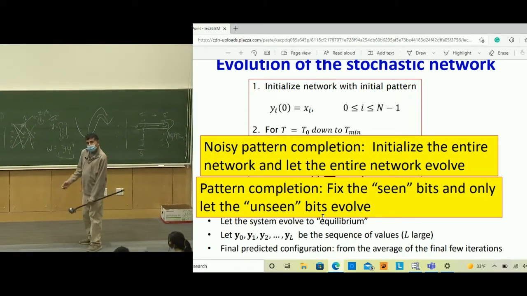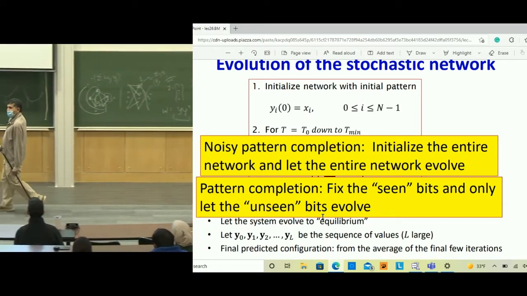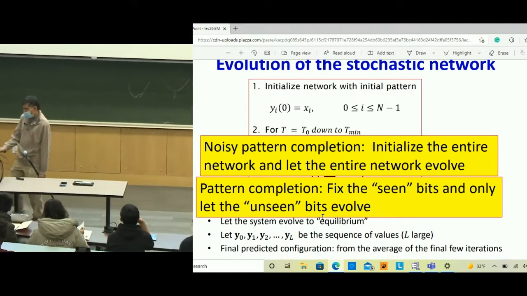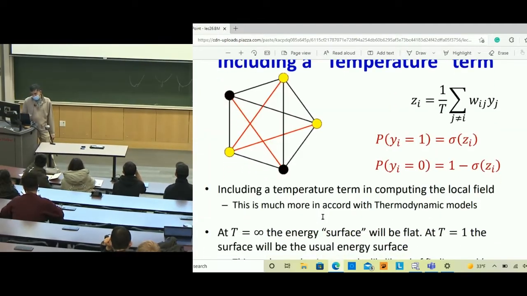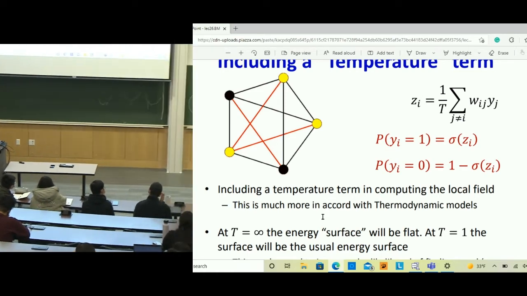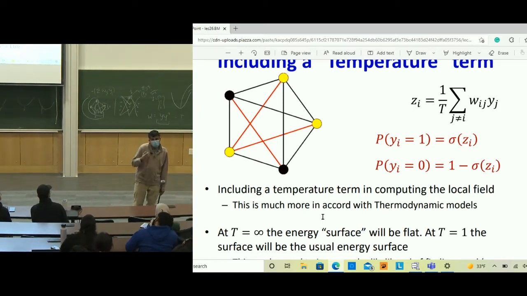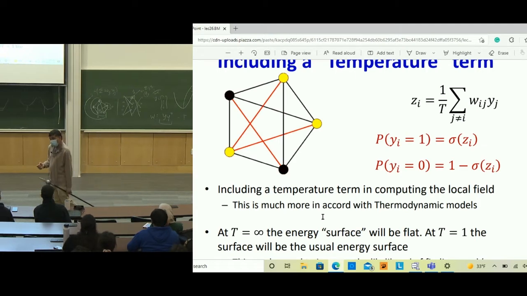This is where you can go back to physics. You can use this notion of a temperature. If you go back to physics, with the Boltzmann distribution, you divide the field by a temperature term T, which is what happens in actual physics. In physics, when the temperature is absolute 0, what happens? The system never changes. But what state does it arrive at when the system never changes?